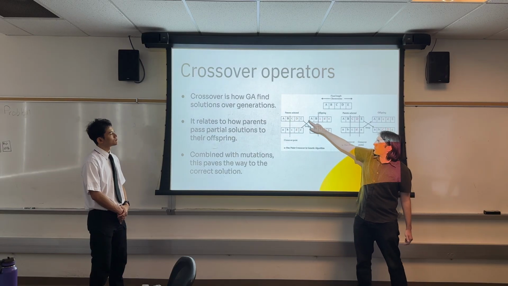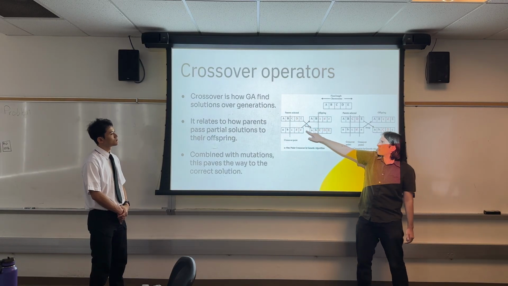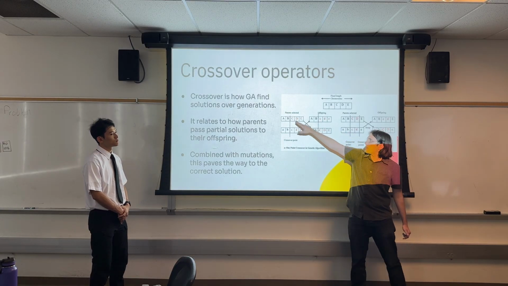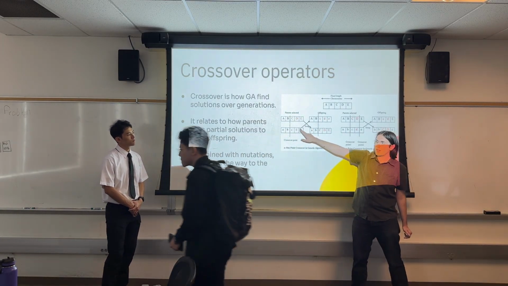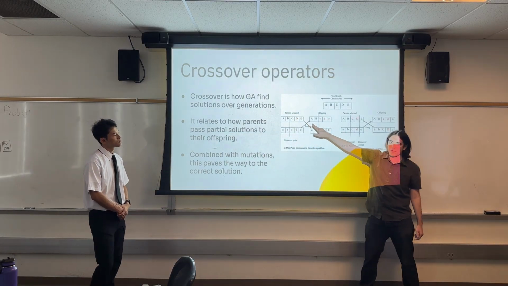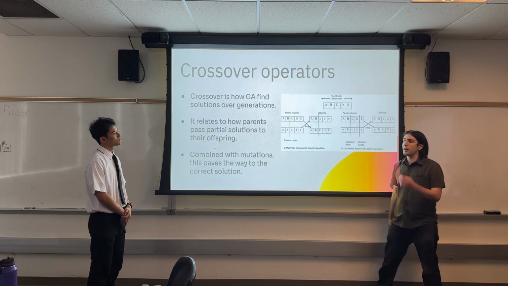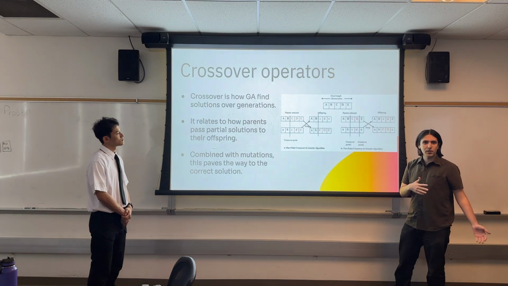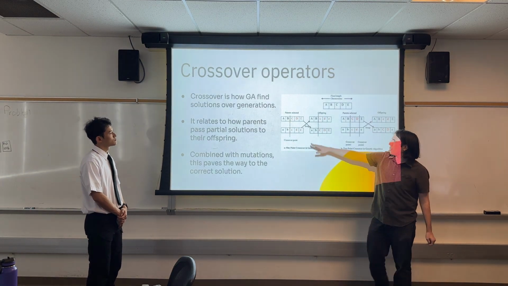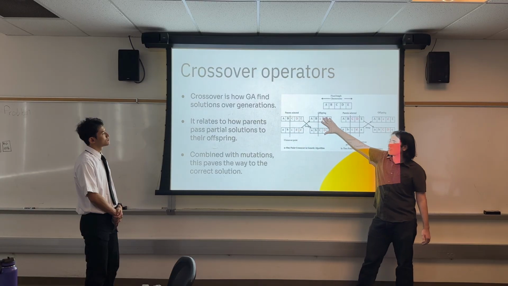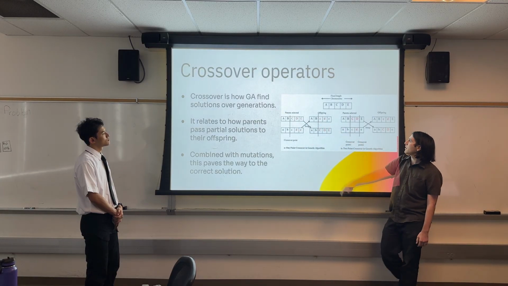We take the first 2 from the first parent and the last 3 from the second parent. That gives us our new offspring. Same with this one: first 2 from the second parent, last 3 from the first parent. So it's like we cross over the genes. Say we selected the best parents, now the best genes from both of the 2 best parents can be sent off to make a new kid.